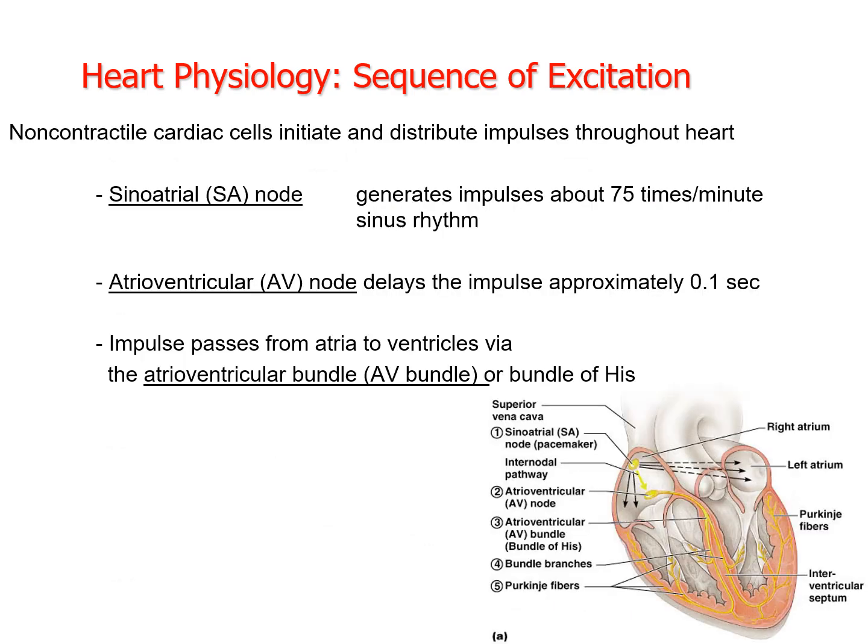The impulses are generated from the SA node, there's a range, but it's say 60 to 75 times per minute. And the delay at the AV node is 0.1 seconds.